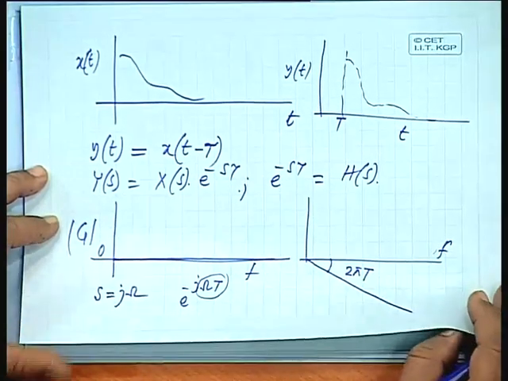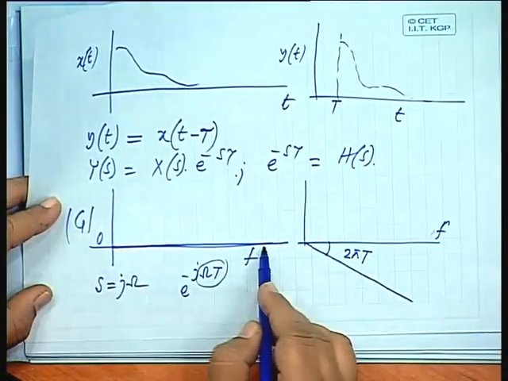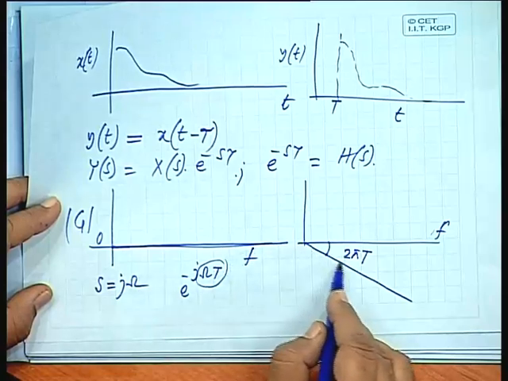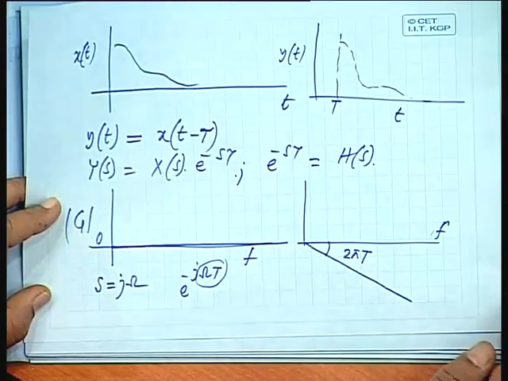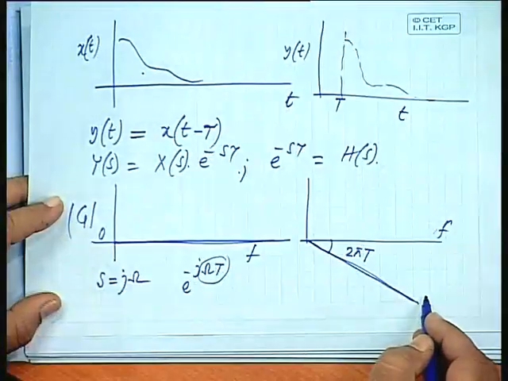That means, if I have a filter ideally of gain 1 and a linear phase characteristic, then I will have an exact reproduction of the signal, okay, with some constant delay. So, a linear characteristic is very important.